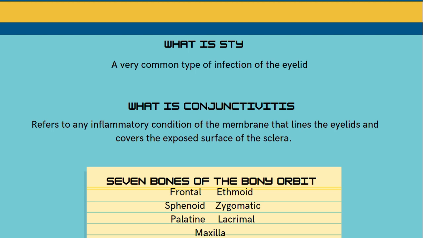Number 5. Which 7 bones form the bony orbit? Frontal, sphenoid, palatine, ethmoid, zygomatic, lacrimal, and maxilla.